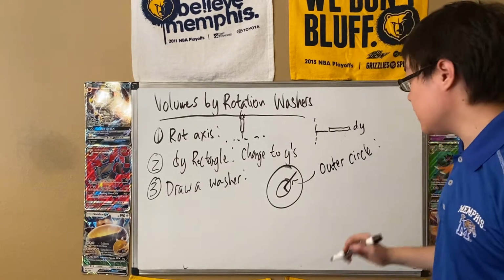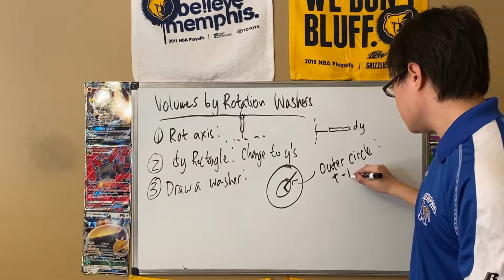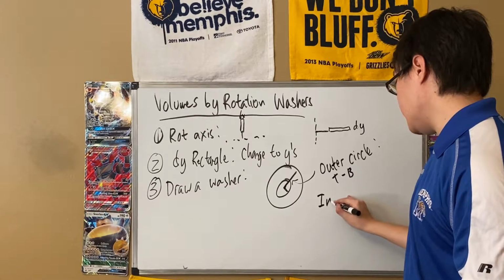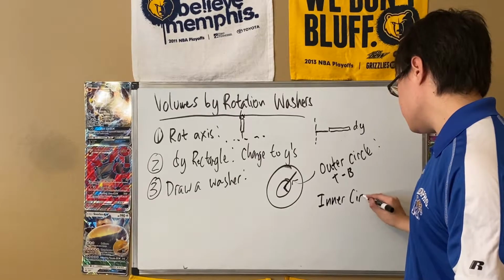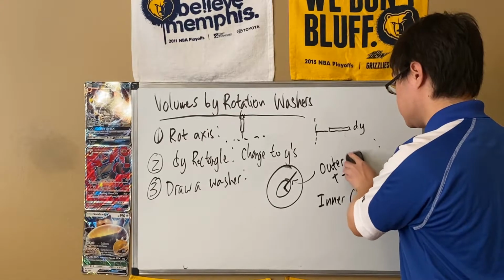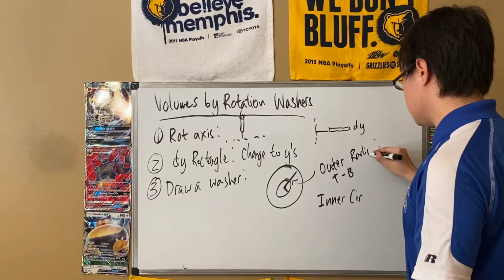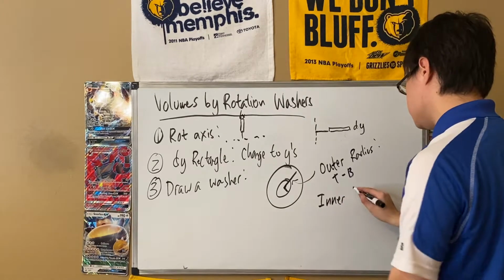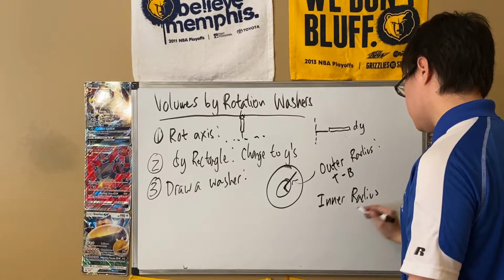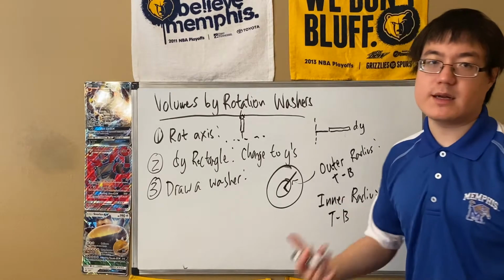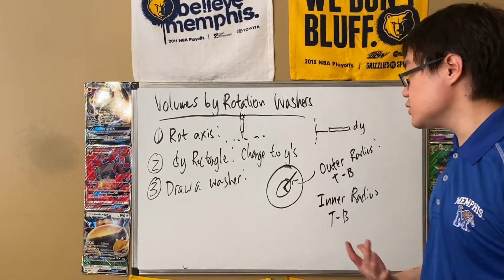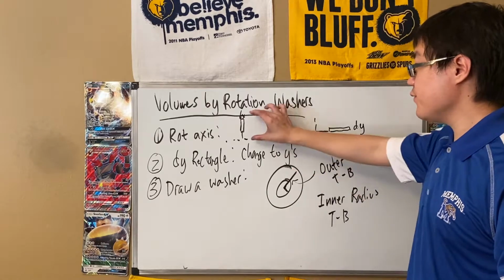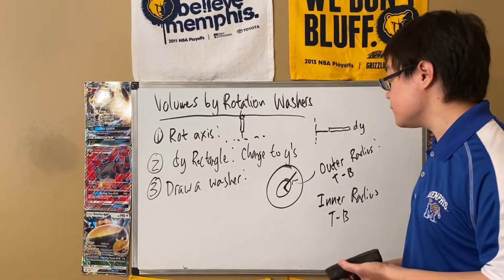is going to be top minus bottom of something. And the inner circle is going to be top minus bottom of something. So maybe we can call it inner radius. Or right minus left, of course, if you're doing y's. So the question is, what is it the top minus bottom of? Well, if we have this picture right here, it's going to be pretty easy.